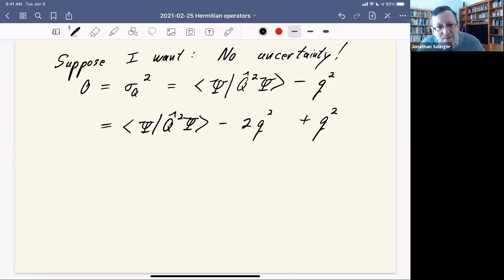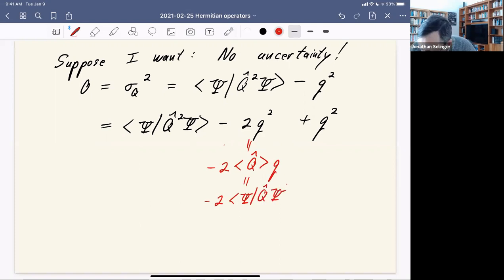For sure I could do that, right? And now for this 2 little q squared, I'll write that term as minus 2 expectation value of Q times Q, because little q is the expectation value of big Q. Or I could write that as minus 2 inner product of psi with Q psi, all times Q.